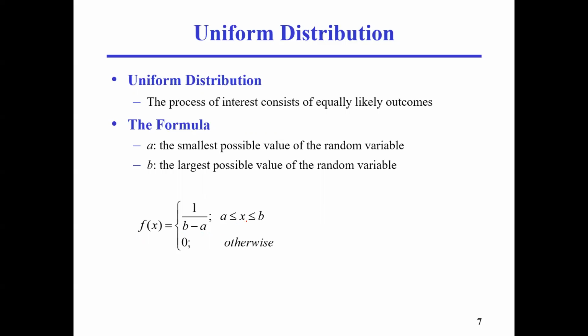If the value of your random variable, addressed by lowercase x, is somewhere between A and B, this is the formula of the PDF: 1 divided by the difference between B and A. If the value of your random variable is smaller than A or larger than B, then the PDF equals 0.